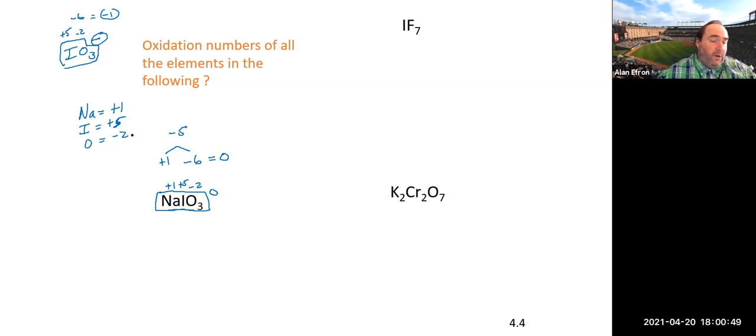Unlike how we normally think of iodide as carrying a -1 charge, in this arrangement, because it's sharing electrons between these atoms, it's carrying a more +5 configuration. Any questions on that?